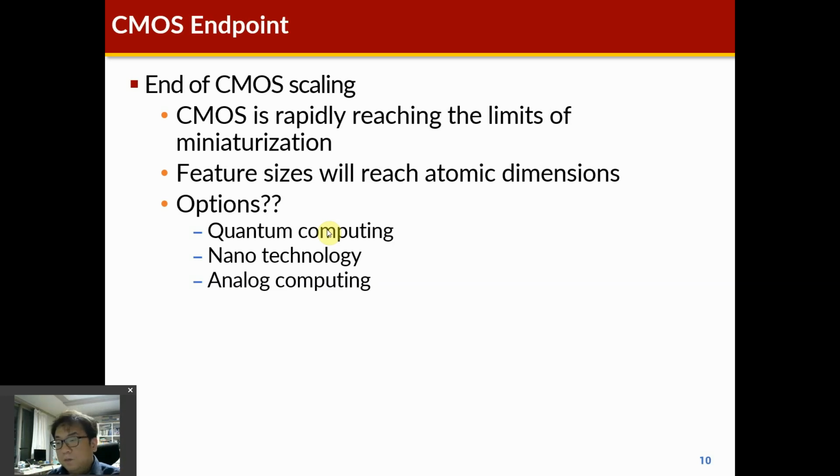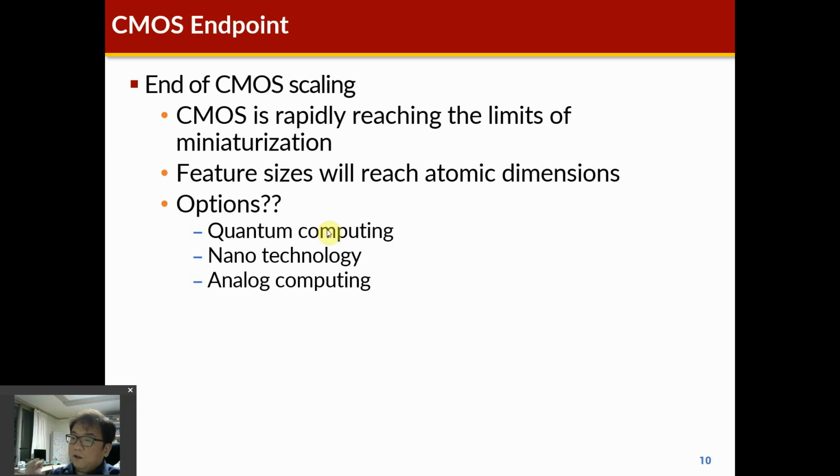So that's the problem. Think about this. If the CPU manufacturer cannot make a better processor, then customers will not purchase new CPUs or new computer systems, and that's the problem. Then how can we overcome this situation?